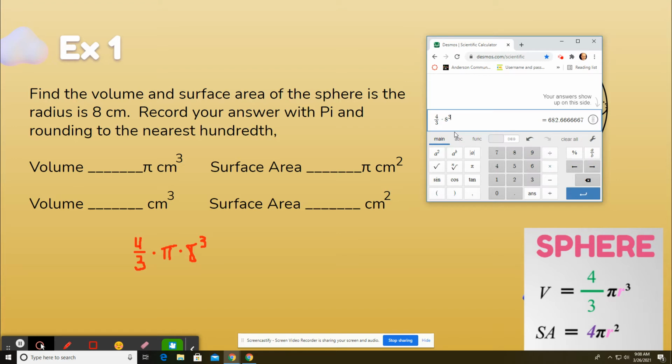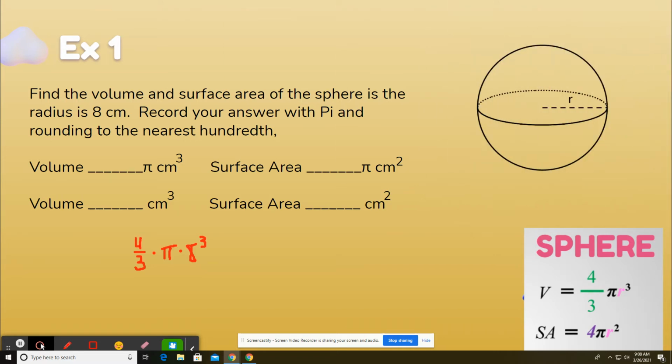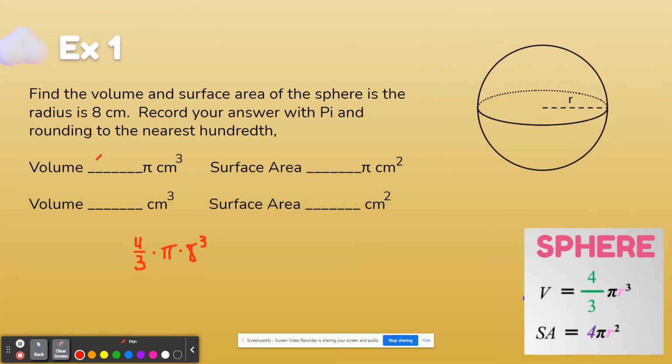So this tells us that this is our answer here. 4 divided by 3 times 8 cubed. And it wants us to round to the nearest hundredth. So we're going to look at this third number here. And that tells us to put 682.67.